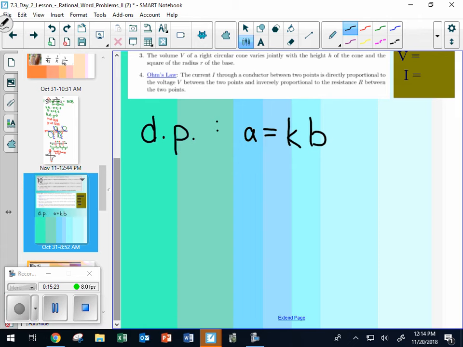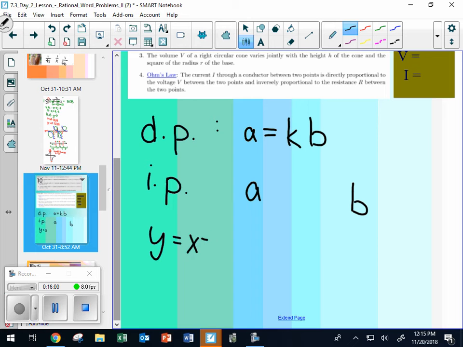Okay? The next case would be if two variables, A and B, were inversely proportional. When you think of inverse, think kind of like the inverse function. So if we have an inverse function, what does that mean? Y is equal to... If I want the inverse of x, how would I write the inverse of x?